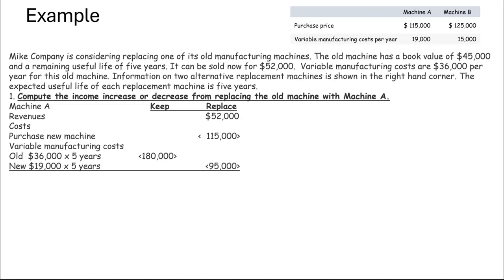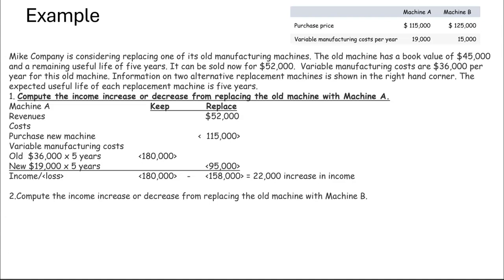We take the $19,000 times 5 years. We look at that in Chapter 11. Unless interest is zero, you would never look at it this way. All right, so we look at the income loss, and according to this, if we went with machine A, we could improve our income by $22,000.